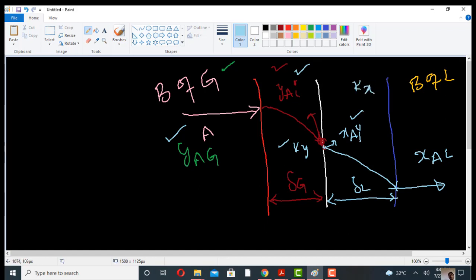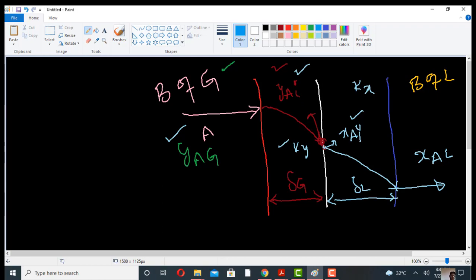But in real cases, like in heat transfer, we use the overall mass transfer coefficient. For example, in heat transfer, we use the overall heat transfer coefficient.